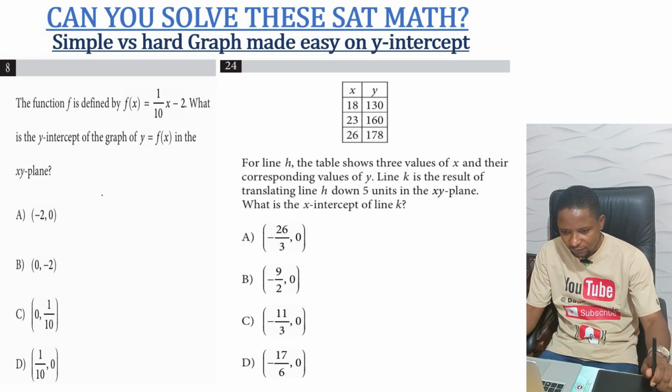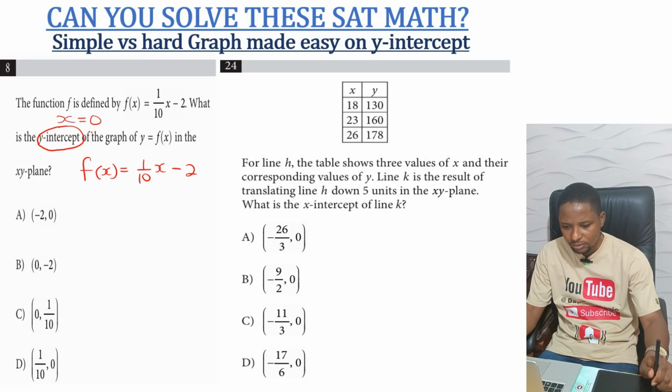All right, we have the function f defined by f of x equal to 1 over 10x minus 2. What is the y-intercept? The meaning of y-intercept is when x is equal to 0.